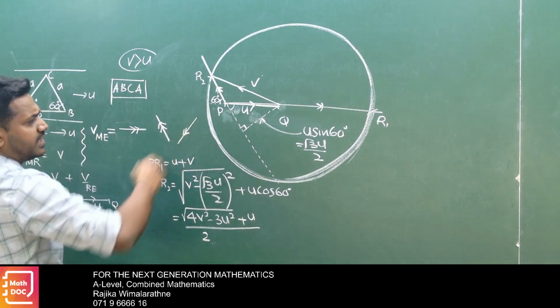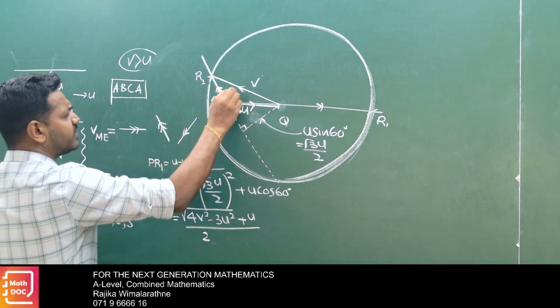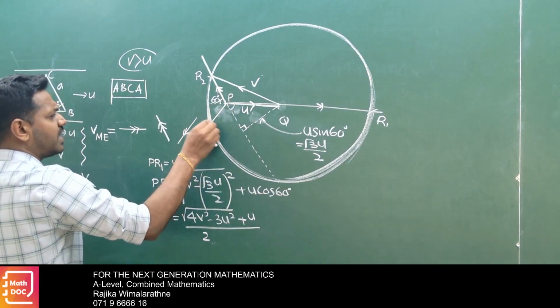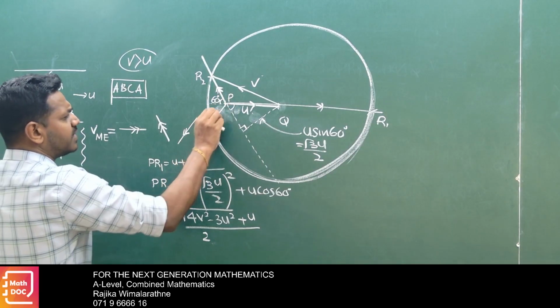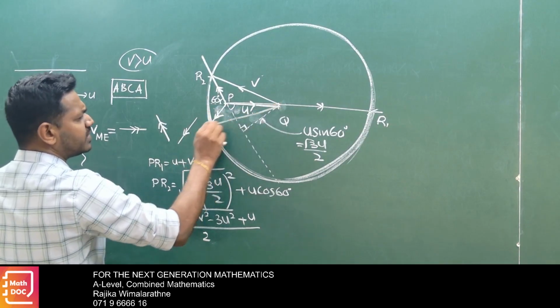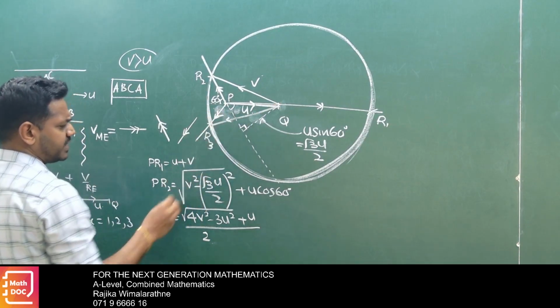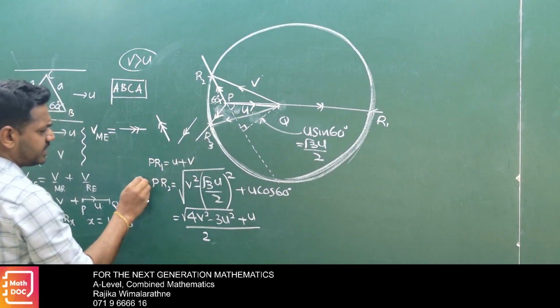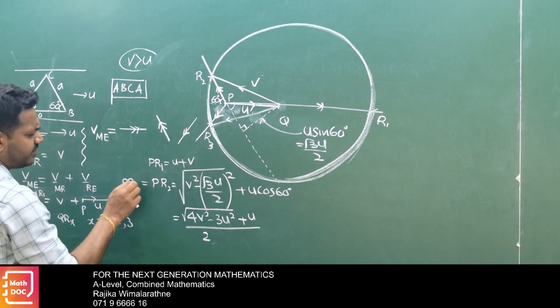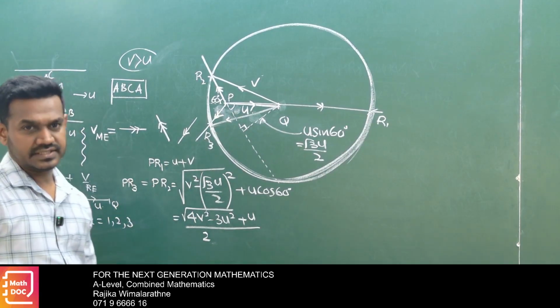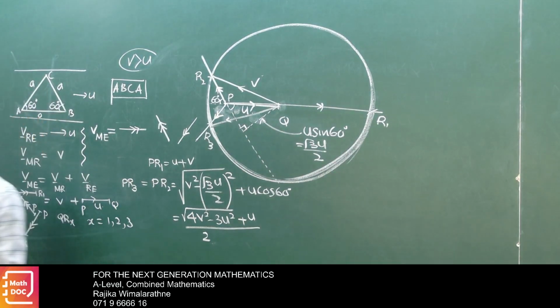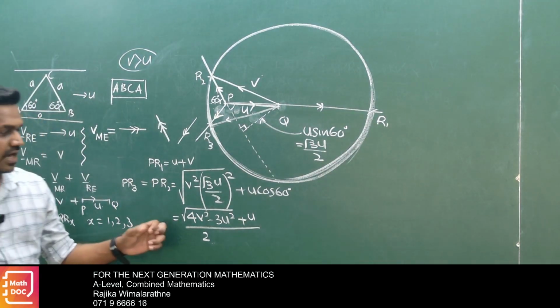Then PR3, here this is P, no? Then R3 is here. Then PR2 and PR3 are both the same, no, according to symmetry. PR2, PR3 same.